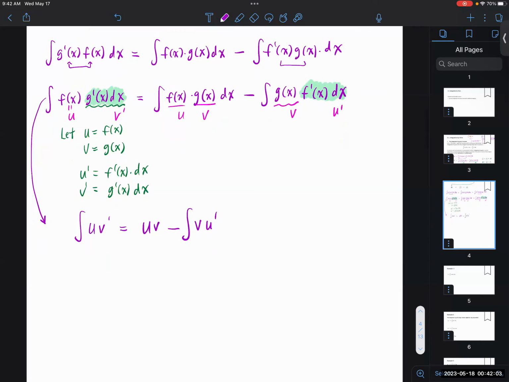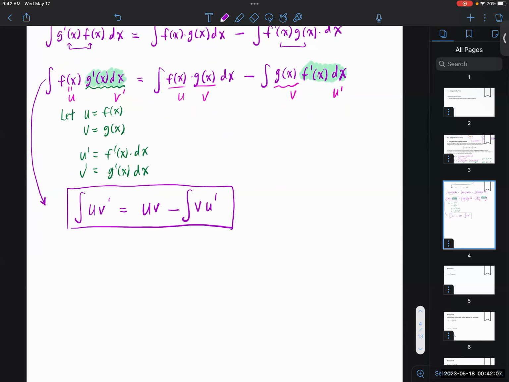So we're going to utilize this relationship to take the integral when you have the product of two functions. We call this the integral by parts theorem, IBP.